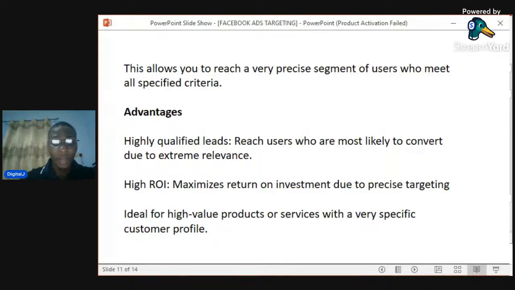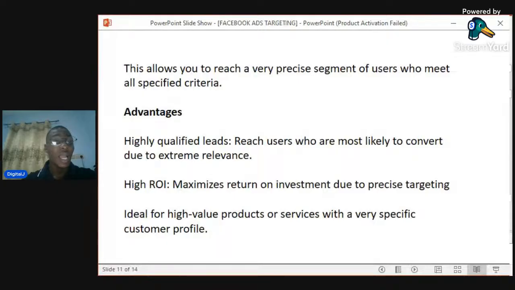Now, another advantage is that it is ideal for high value products or services with a specific customer profile. So you don't just wake up one morning and do narrow targeting because you feel like doing it. No, you do narrow targeting when you are selling high ticket products, high value services, high value products.